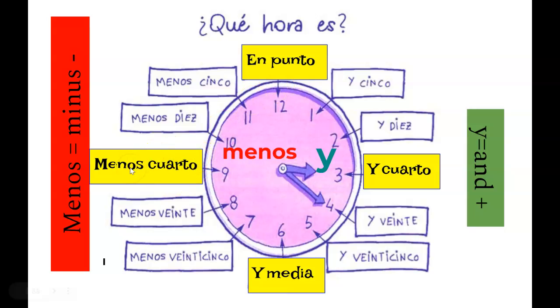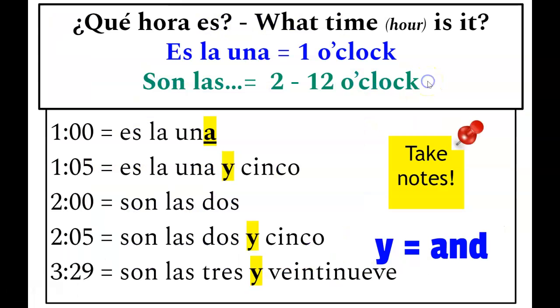This is a quarter till, or 15 minutes till the next hour. This is 20 till, 5, 10, 15, 20. 20 minutes till the top of the hour. This is 25 minutes till, 5, 10, 15, 20, 25 minutes till the next hour. We're going to practice, I promise.